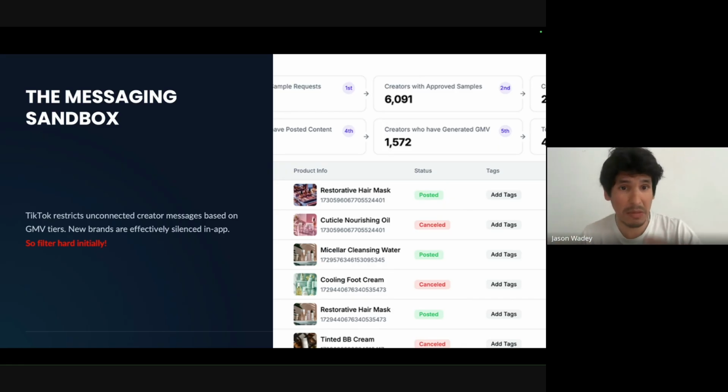I discussed this in a bit more depth in the previous presentation, where essentially we have GMV tiers where we're limited in terms of the amount of affiliates we're able to reach out to on a weekly basis. And if you've got very few sales, you're very highly restricted. So obviously, especially at the beginning, we need to be putting a lot more effort into who we're actually targeting, who we're actually trying to bring on to sell the brand products that we're looking to essentially expand on.